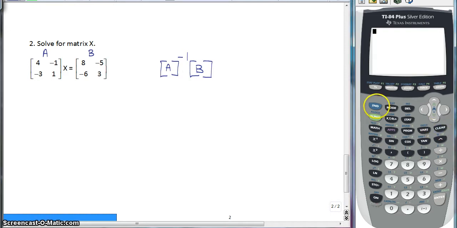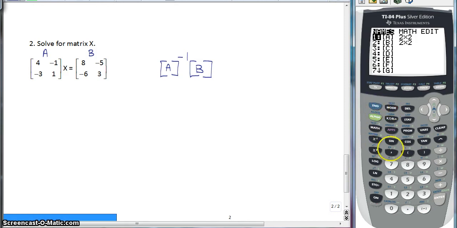You need to enter 2 matrices. So we're going to go edit matrix 1, and we're going to call that a 2 by 2. And we're going to enter for -1, -3, 1. And then you're going to quit out.